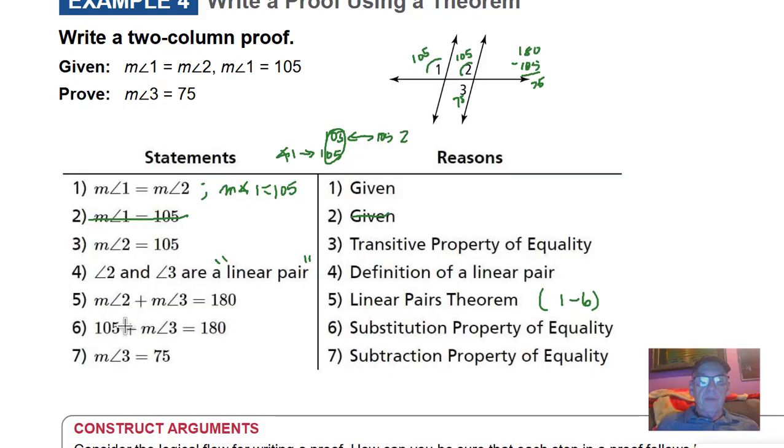Now, since angle 2 is 105, in step 6 we can substitute 105 for the measure of angle 2 in step 5. So actually what's going on here with the substitution property is we're doing substitution between 4, 5, and 3.